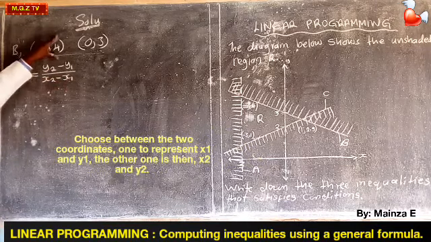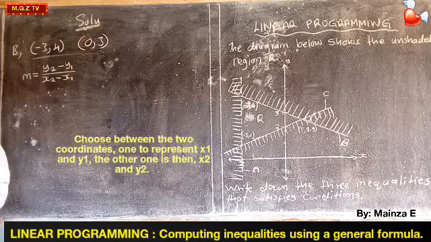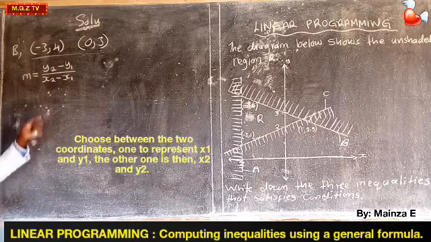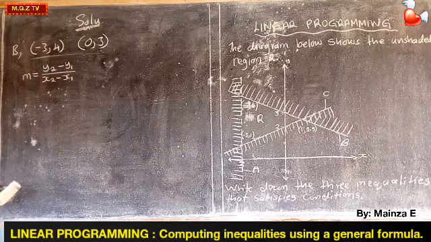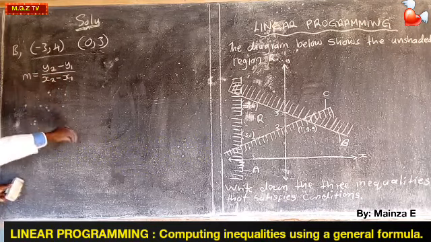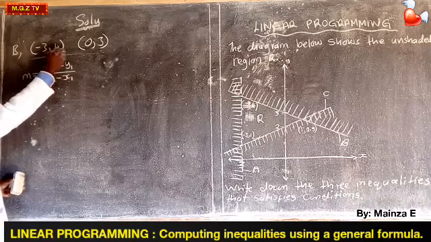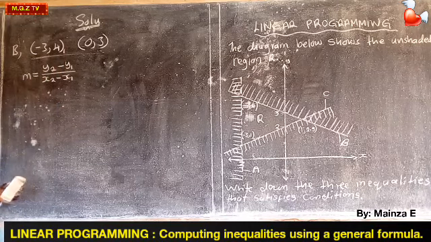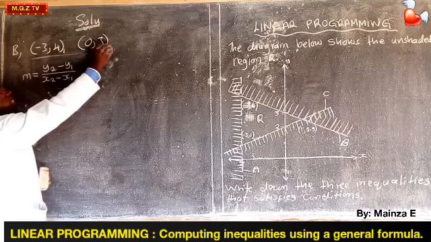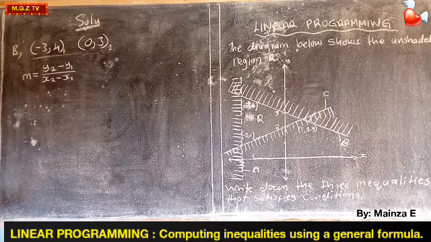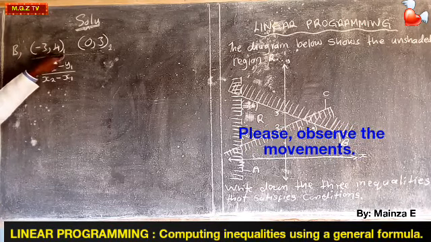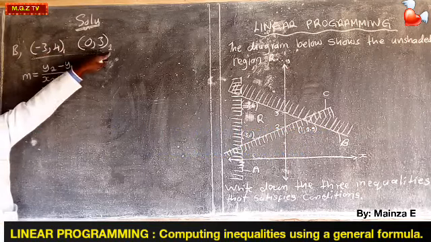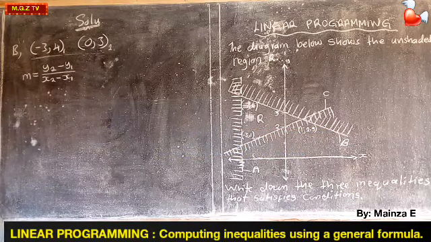From these coordinates, we have to choose which part must represent the 2's or the 1's. You can choose. So if I pick these coordinates to represent position 1, this one will represent position 2. If I pick this one to represent position 2, this one will represent position 1.